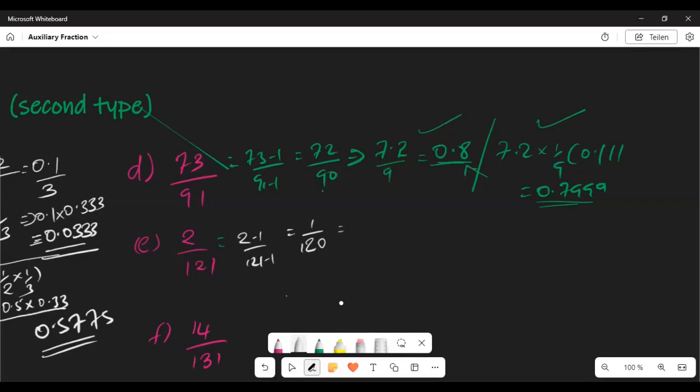This 0 will make that 0.1, so that is equivalent to 0.1 multiplied by 1 over 12. 12 is 3 times 4, so 1 over 12 is 1 over 3 multiplied by 1 over 4. That is not so difficult.